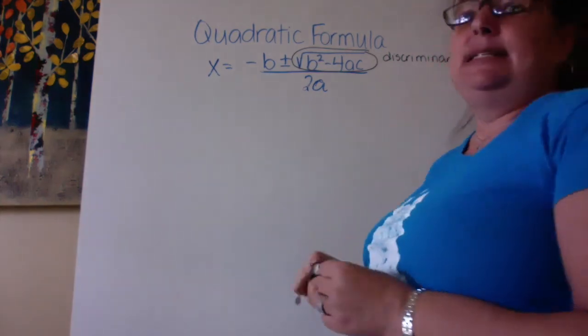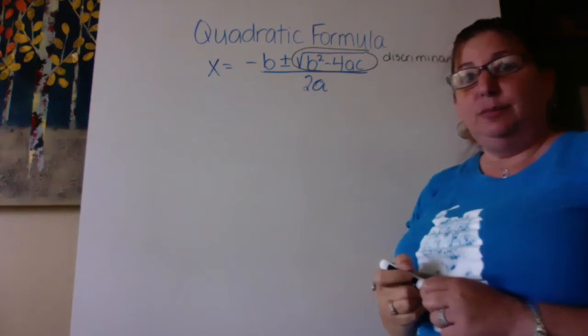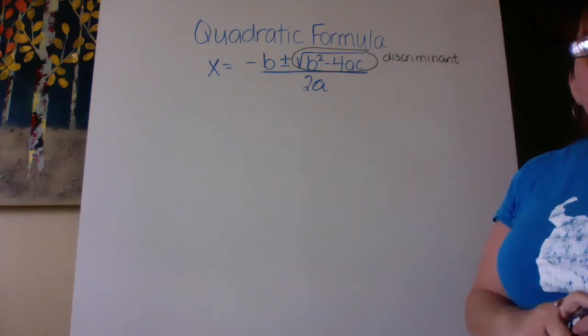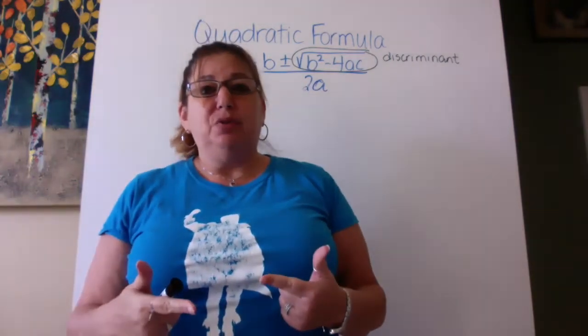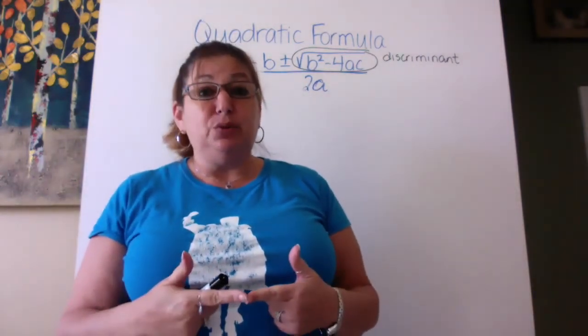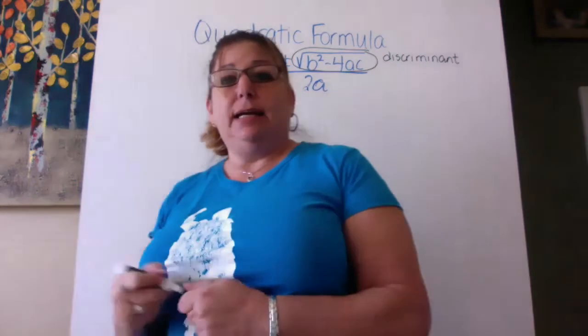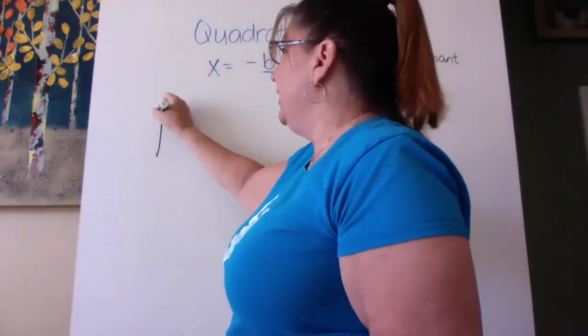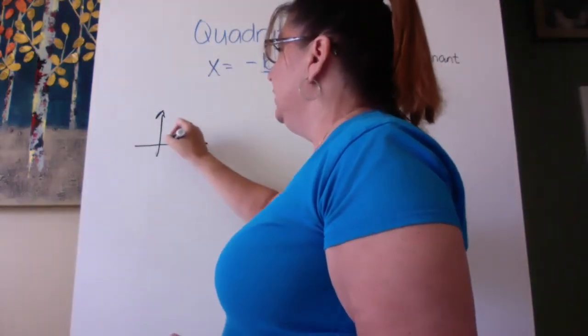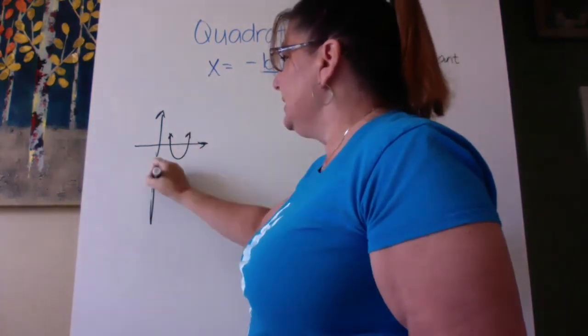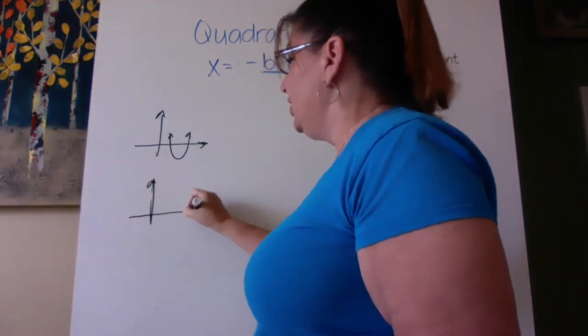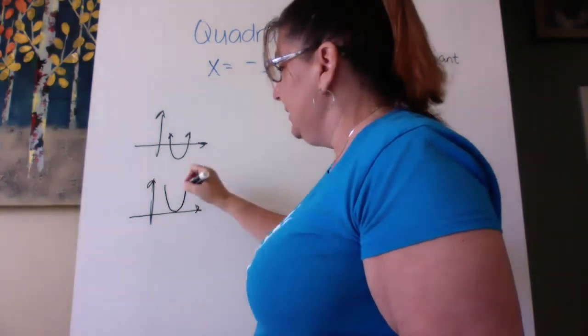And the discriminant is important because if I don't want to work out the entire quadratic formula and I just want to know how many solutions I have, meaning is my parabola crossing in two places, does it cross or touch in only one point?